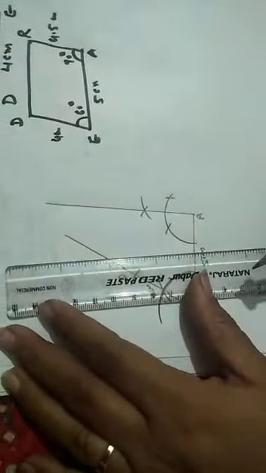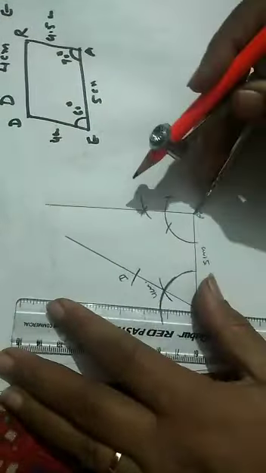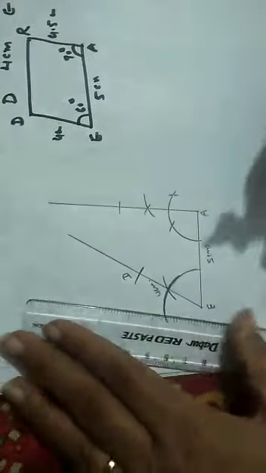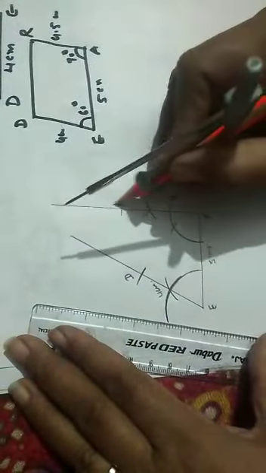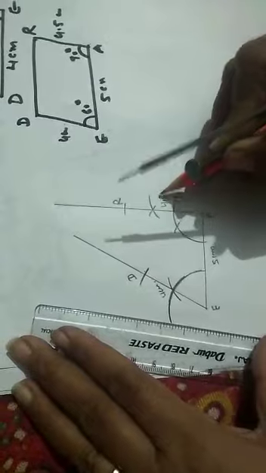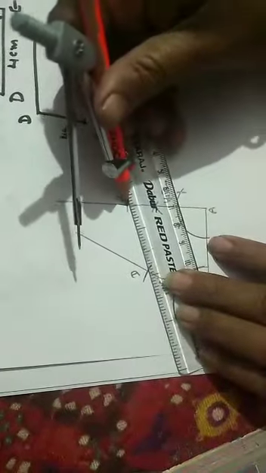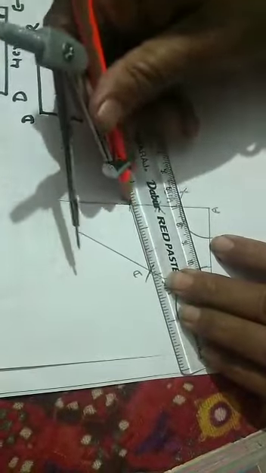So we'll open our compass till 4.5. This point is R. Now we'll join these two. And this will be the construction DEAR. This angle is of 60 degree and this is of 90 degree.